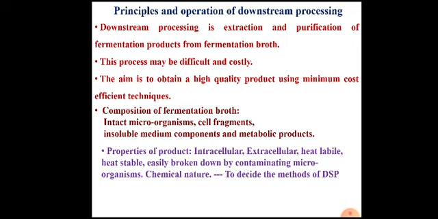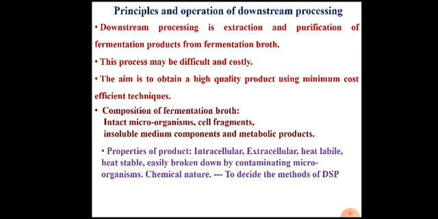Now, another point of consideration while recovering the desirable fermentation product from fermentation broth is the property of the product. So depending on the property or the characteristic of the product, we can choose a particular method of recovery or downstream processing.